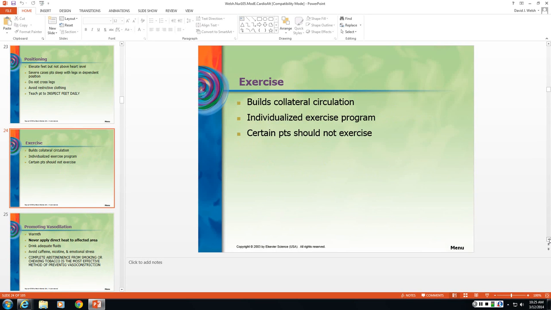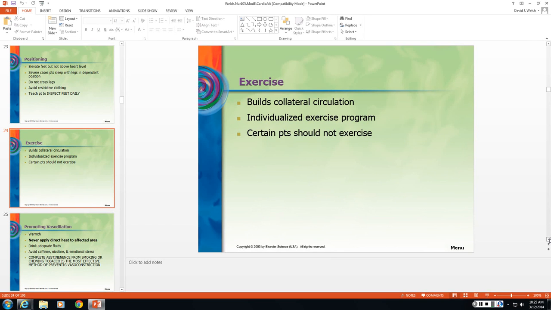So promoting exercise is going to build collateral circulation. You want to put people on an individualized exercise plan depending on their degree of activity beforehand. Also take into effect their physical health, their weight, and everything else.